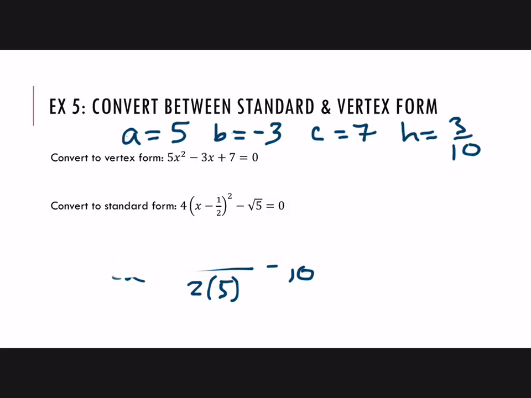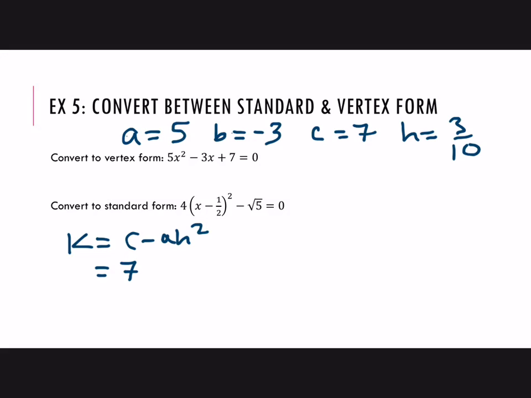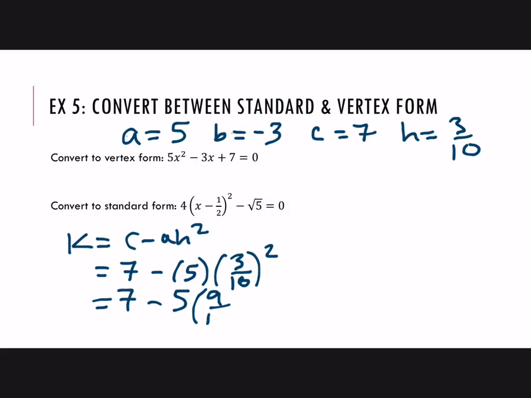Alright, and then k. k is c minus a h squared. Okay, so c is 7 minus a, which is 5, times h squared, 3/10 squared. Okay, so order of operations, do the exponent first. So 3/10 squared is 3 times 3 over 10 times 10, so that's 9/100.